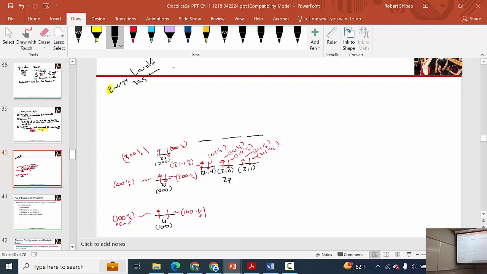The 3p orbitals, starting with 3, 1, negative 1, 3, 1, 0, 3, 1, 1. These are my 3p orbitals. And I go from magnesium to aluminum, you can put it in here.